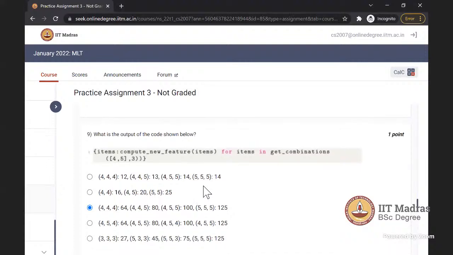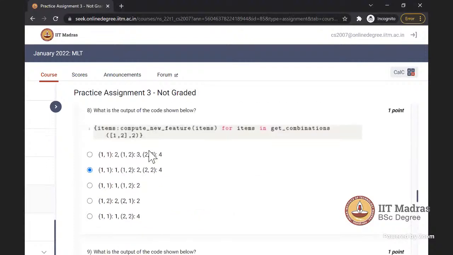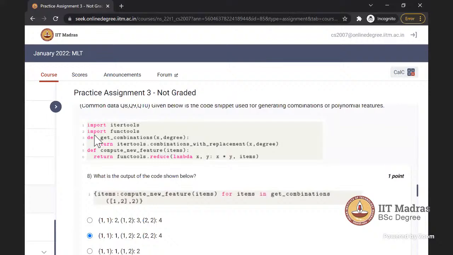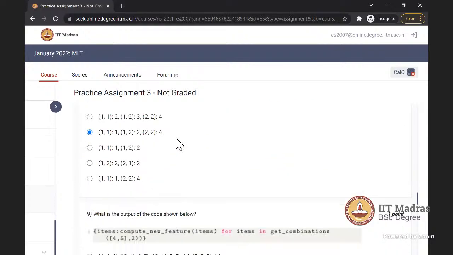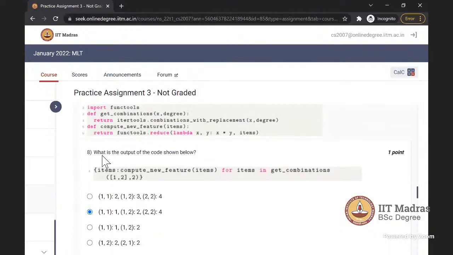Sure. See, get combination. So the method that we are defining is get combinations. X is your feature matrix, or feature vector, and degree is the power up to which you want the polynomial features. In question number 8, the degree is 2, and the input feature matrix is 1, 2.